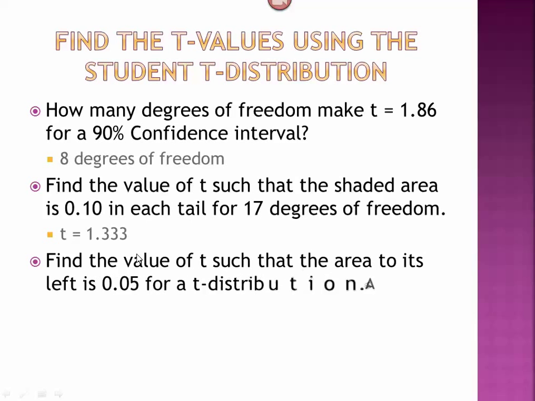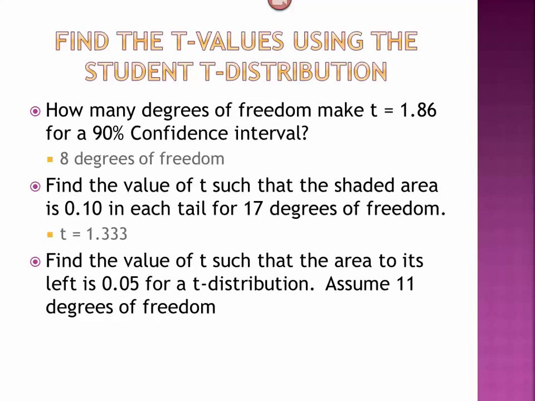Find the value of t such that its area to its left is 0.05 for a t distribution. Assume 11 degrees of freedom. On your t-chart, since they're describing one tail, notice that it says the area to its left is 0.05.